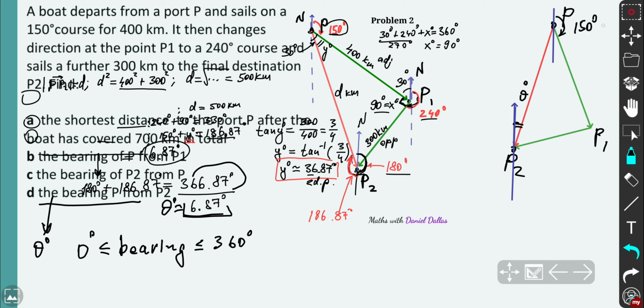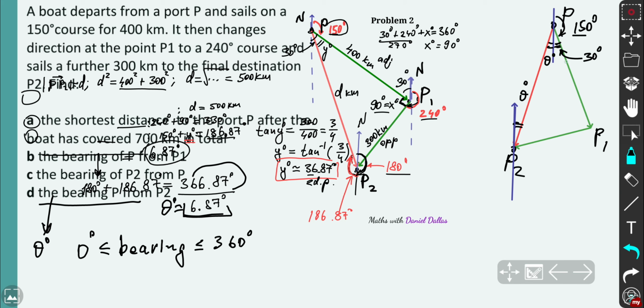So what it means is that angle theta is going to be a small angle there. Using two parallel lines and alternate angles, this part is going to be 30 degrees, as you remember, because 150 plus this small part should form 180 degrees.